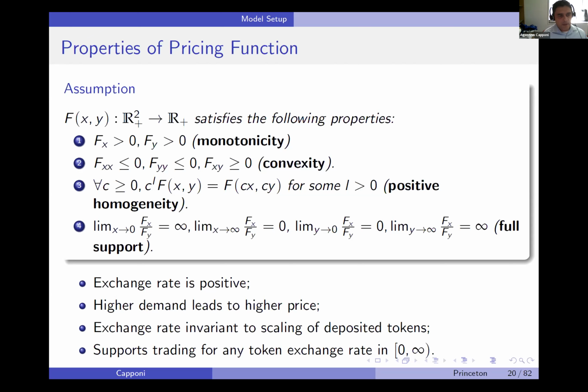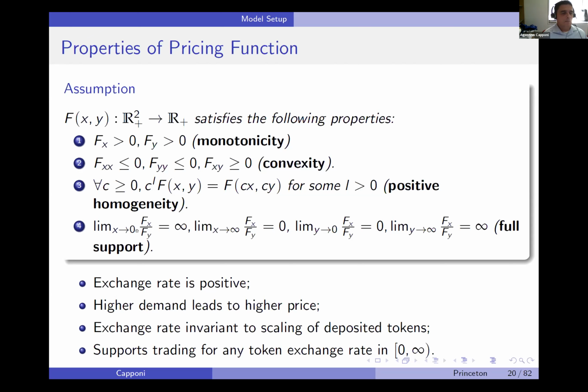The fourth property is that I want to support trades at any point. So whatever the amount of tokens available in the pool, and whatever the amount an investor wants to exchange, there will always be a transaction that takes place. In order for this to happen, we need this limiting result to hold: the limit of this ratio of derivatives has to go to infinity or 0.